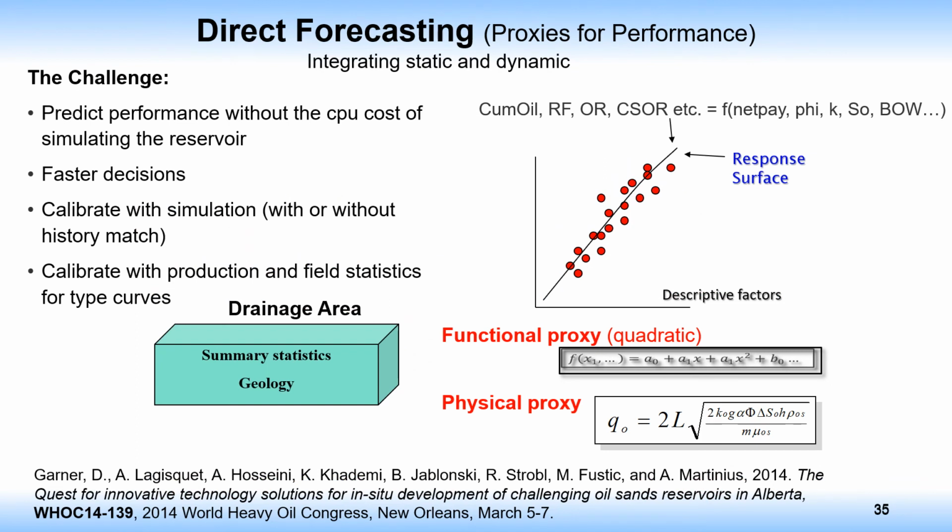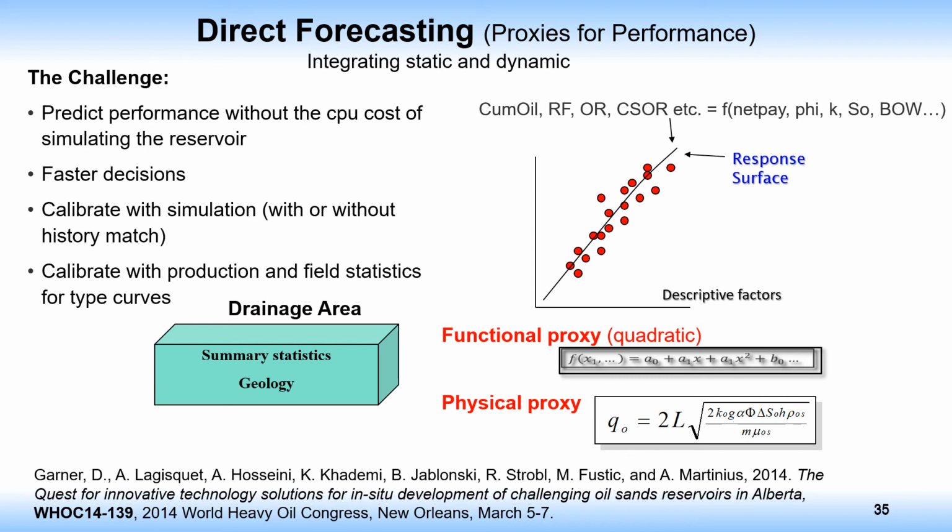Okay, so the last part of the talk then is just to say that we've identified these areas. We've got this net pay calculation, it's a connectivity calculation for SAGD, and we're going to predict performance without the CPU cost of simulating.